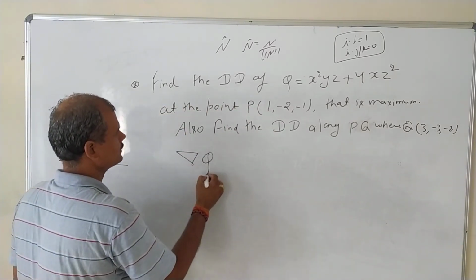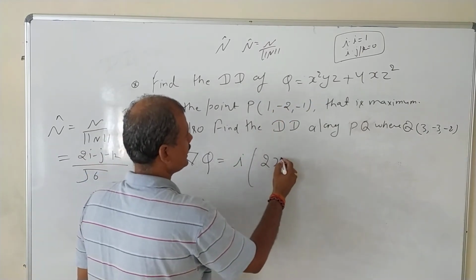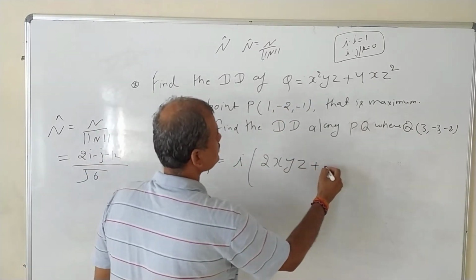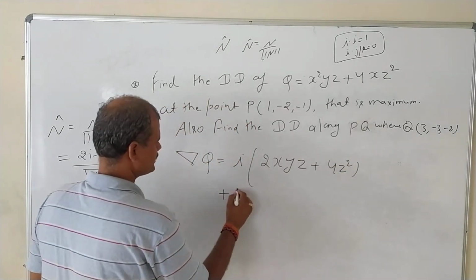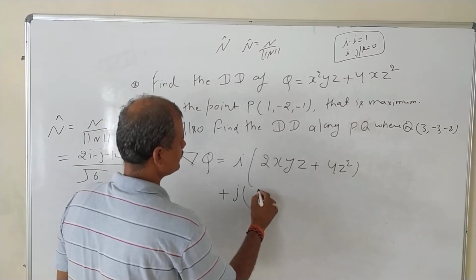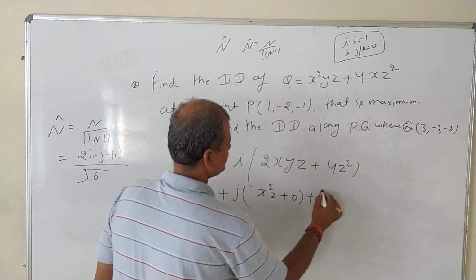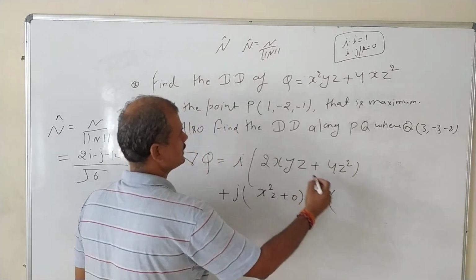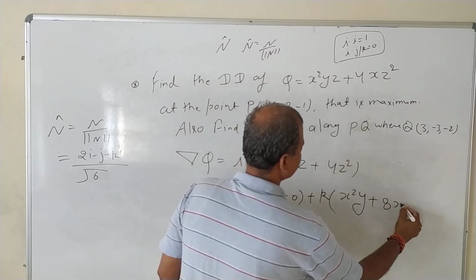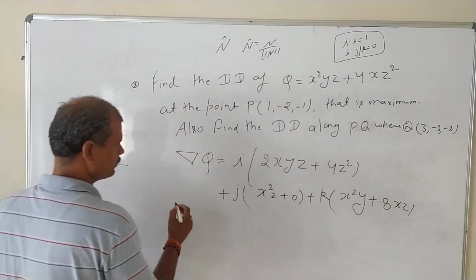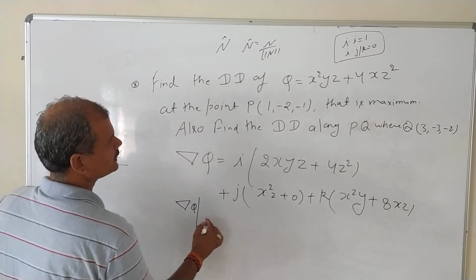Gradient of phi will be i del phi by del x, so we get 2xyz plus 4z square, plus j into del phi by del y, so x square z plus 0, plus k del phi by del z, so we get x square y plus 8xz.